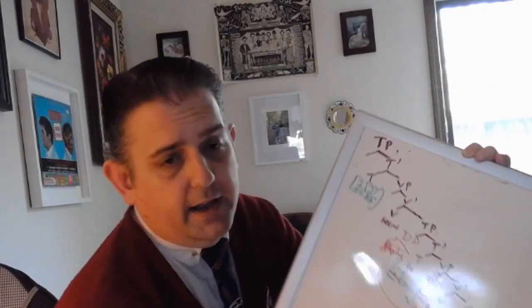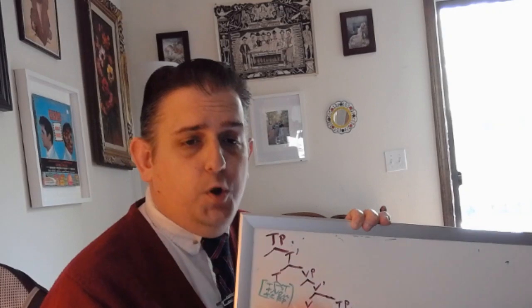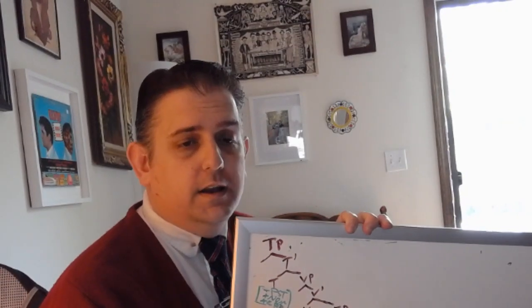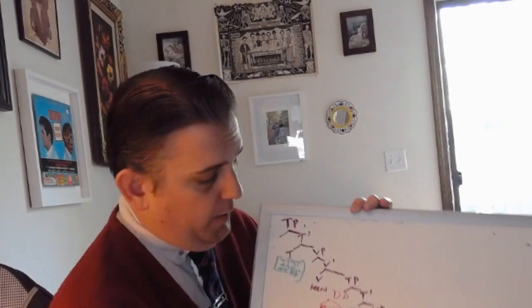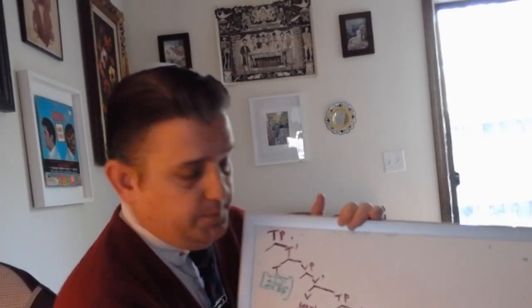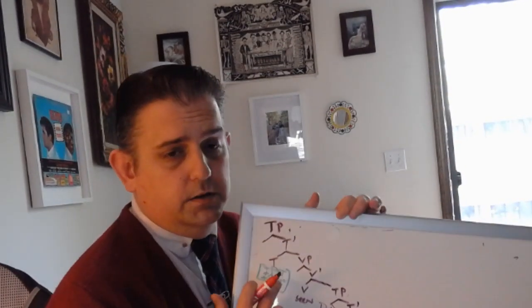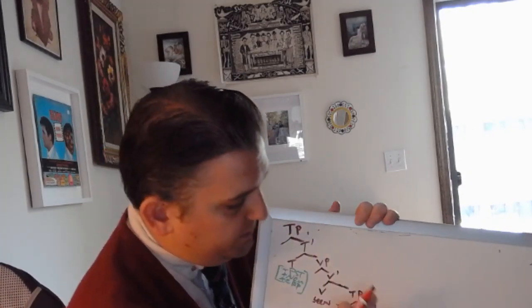Because think about why Hadass is moving. Hadass is moving for case. So if Hadass only had to move up to TP and could just move straight up there, well, then we would still be left down here with an unsatisfied EPP position.